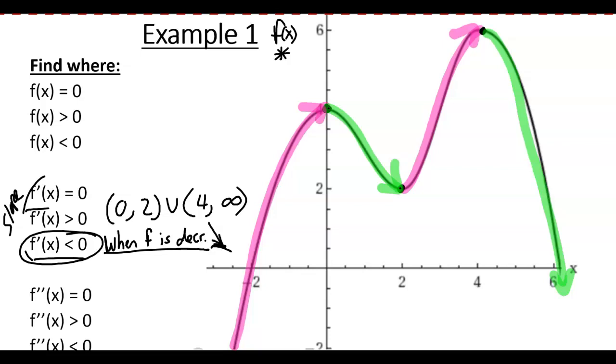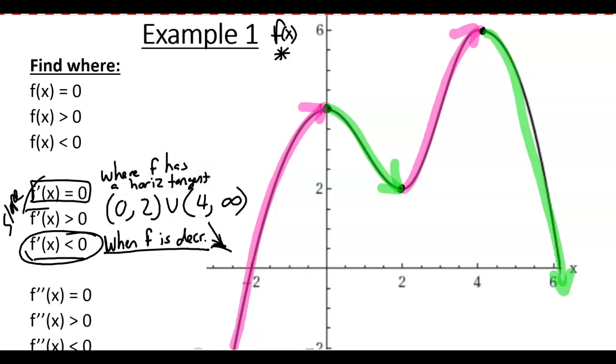Now, the next question, which I haven't done yet, is then where is it equal to 0? Well, the way that I've been telling you guys to find up to this point is where f has a horizontal tangent. A flat line.